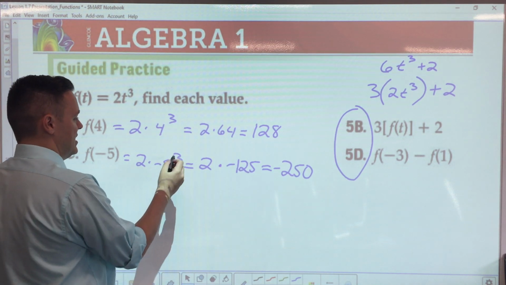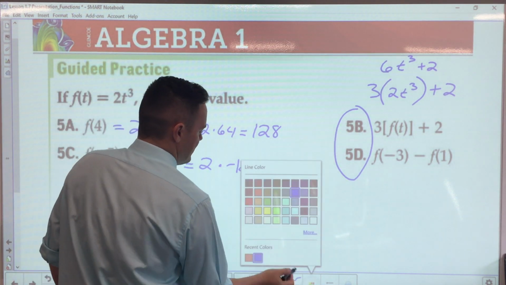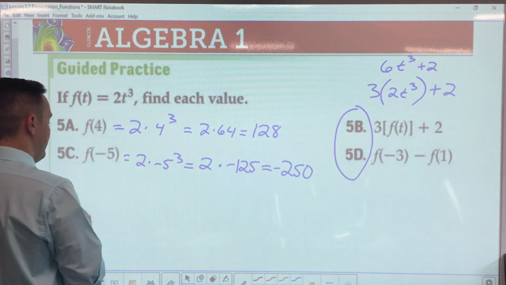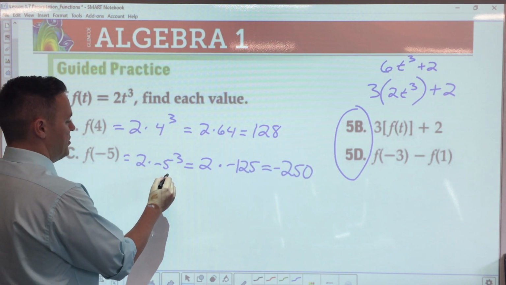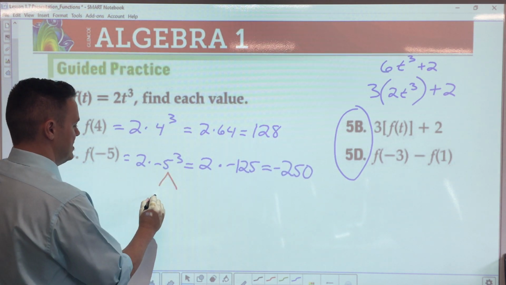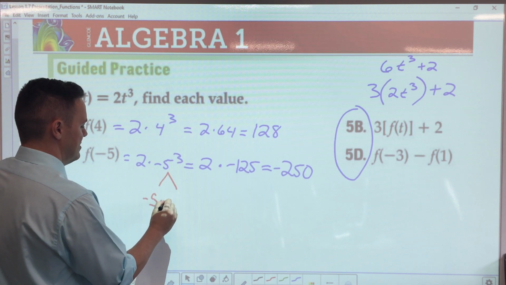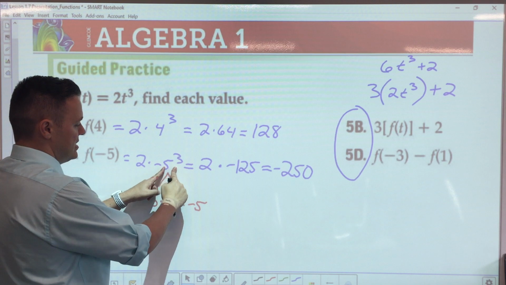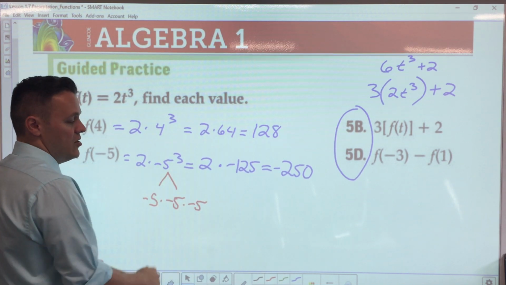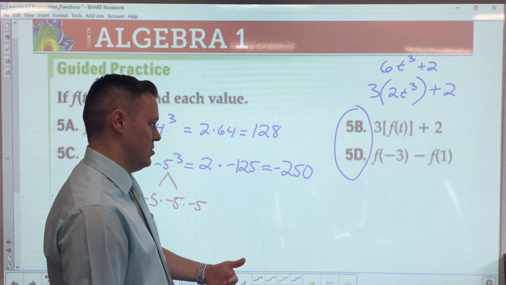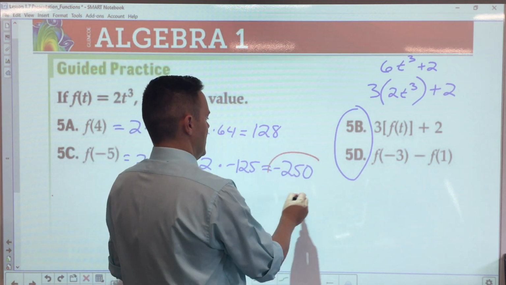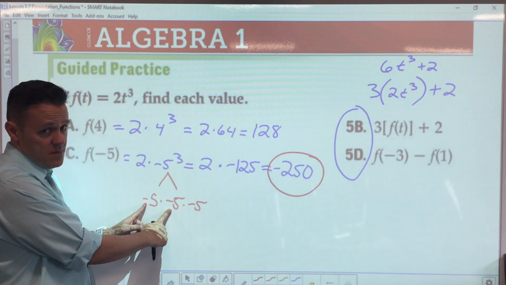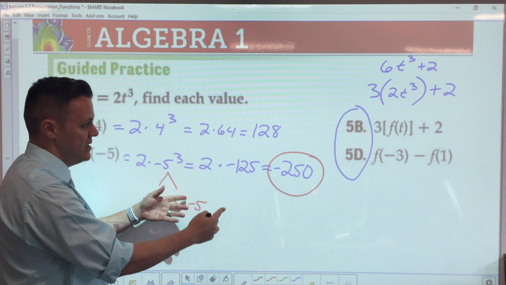Remember what this represents. We haven't really talked about it. It's funny that we're going so far in advance with the exponents, but you know what this means, okay? This means negative 5 times negative 5 times negative 5. If you guys can see this and translate it into this, then you'll get the correct answer, okay? Knowing that a negative times a negative is positive, but when they multiply it again, it's a negative.